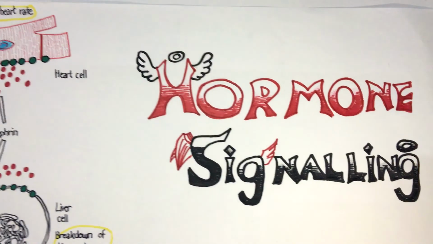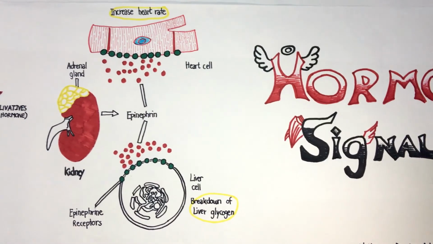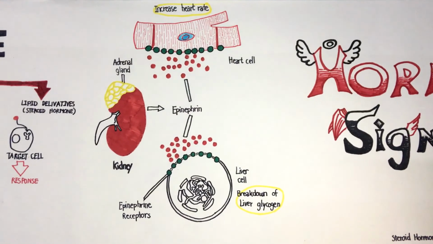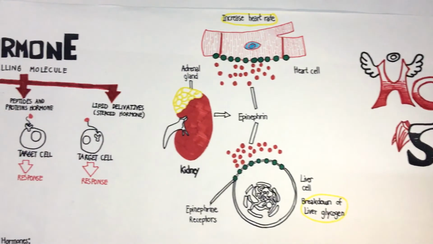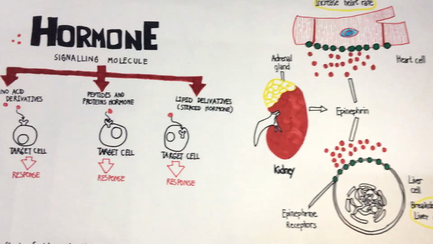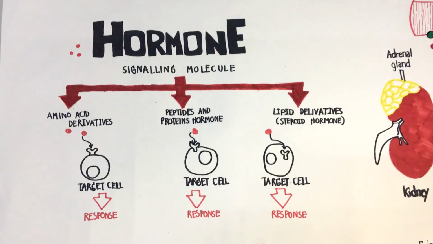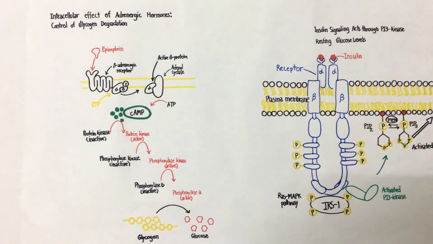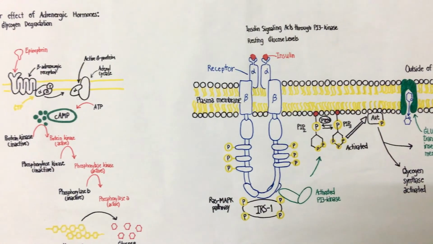From this topic, hormonal signaling, we learned, first, that endocrine hormones regulate the activity of body tissues distant from the tissue that secretes them. Next, we learned about adrenergic hormones secreted by the adrenal medulla, acting through G protein-linked beta-adrenergic receptors, which stimulate the formation of cyclic AMP.